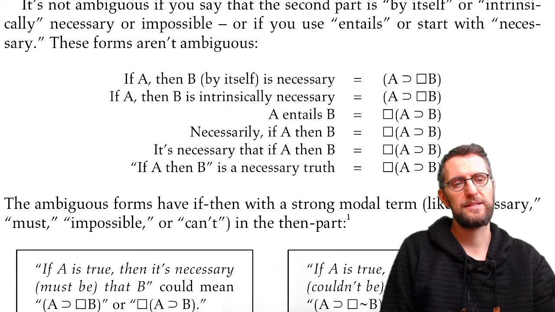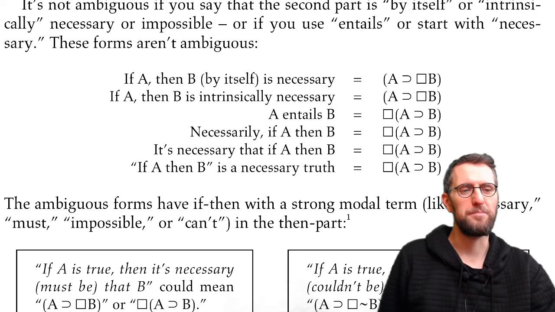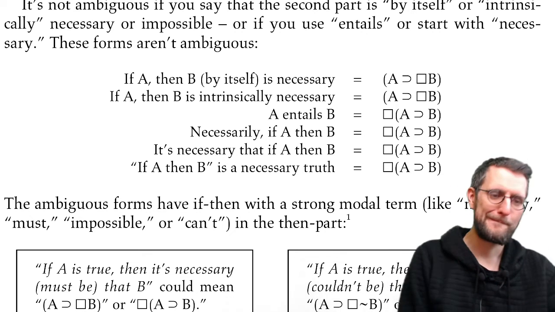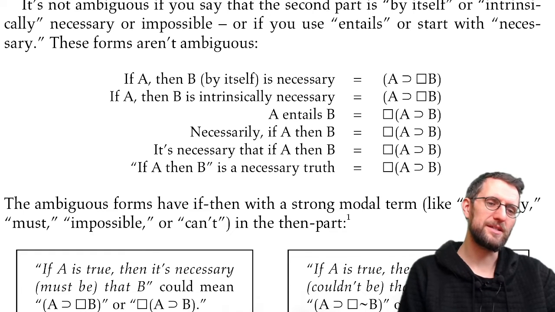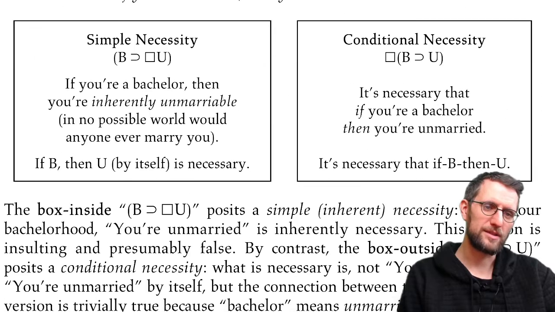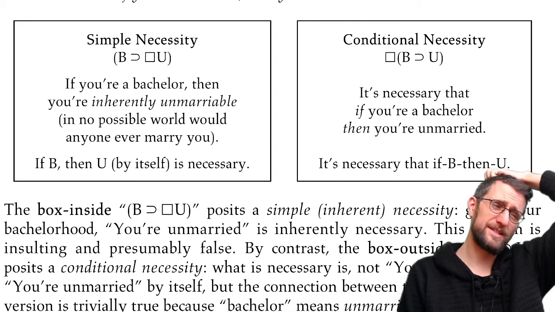So I guess this means it is necessary that when A, then B. So I guess this means when somebody is a bachelor, then he will be unmarried, but it doesn't mean that he will always be unmarried. Let's check this again. So this seems to be so, but I don't really know why that is.